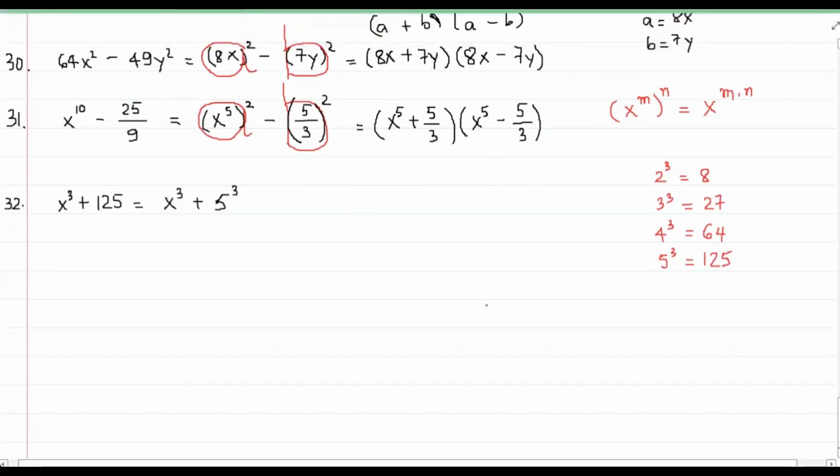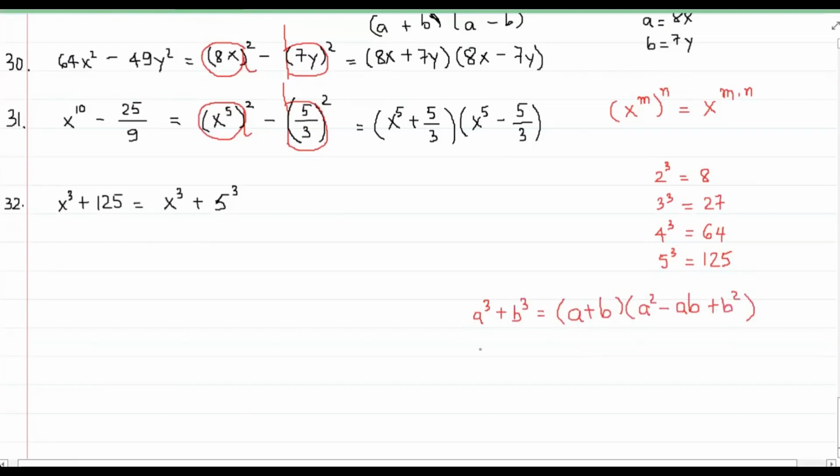And remember this one: if we have a cubed plus b cubed, you will have a factor of a plus b, then a squared minus a times b plus b squared.